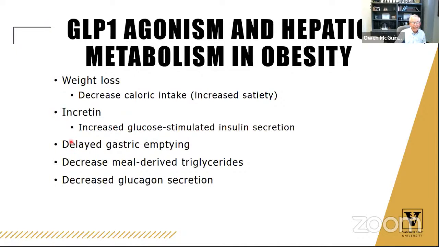So by delaying gastric emptying, by slowing that food entry rate, it puts less stress in our system in facilitating glucose homeostasis and maintaining glucose control. It also can slow down the rate of entry of triglycerides from diets, also therefore really limiting the stress in our system. The other thing it does is it lowers glucagon secretion in the fed state.